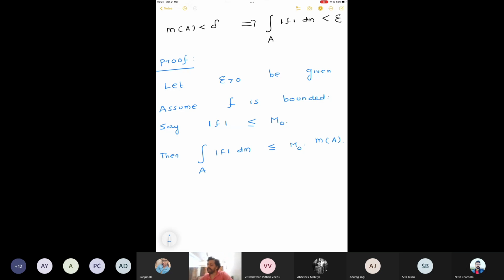What I want is the integral to be less than epsilon. What delta should I choose? If I want integral to be less than epsilon, I need to have only m naught times measure of A less than epsilon. That means I have to choose measure of A to be less than epsilon by m naught. Yes or no?